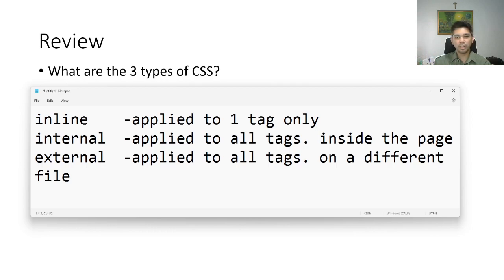If you use an internal CSS for multiple pages, you have to write the CSS inside the head tag in all of the 50 pages. So that will be time consuming. It will be a bit hard to do because you have to type in so many codes. So when using multiple files, it is better to use an external CSS.